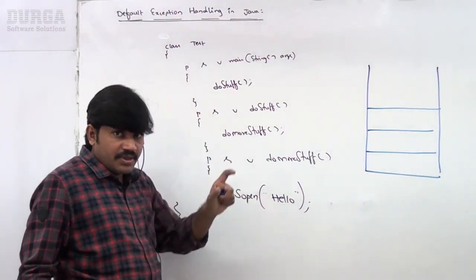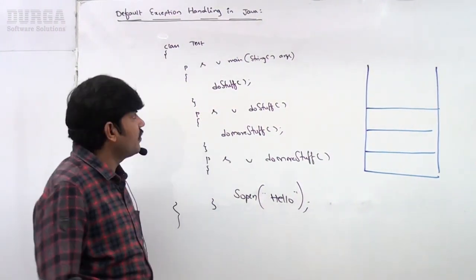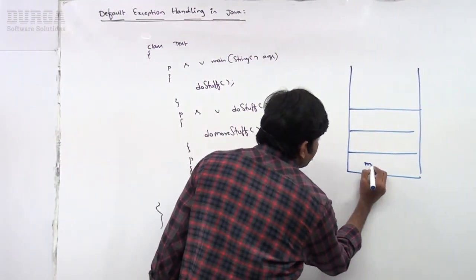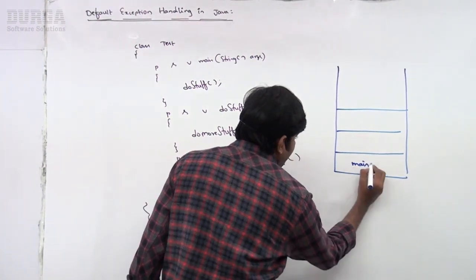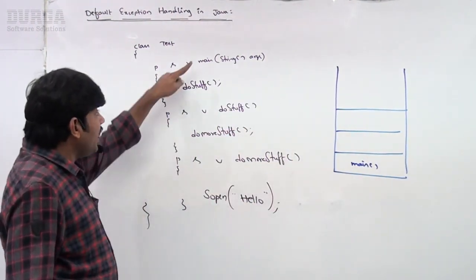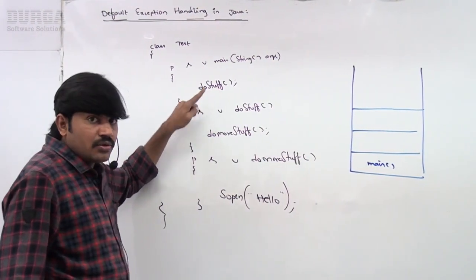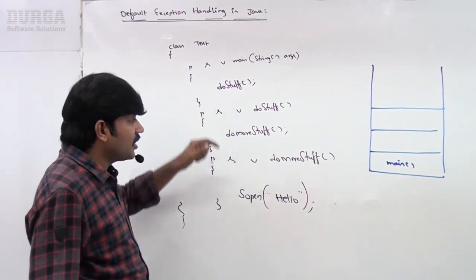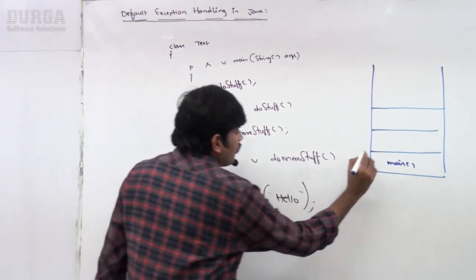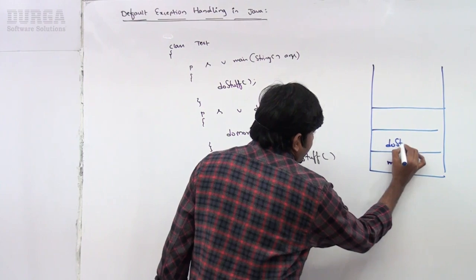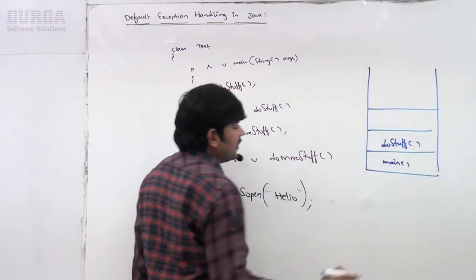The main method will be called by the main thread. So main internally calls doStuff, and for that doStuff also one entry is added.